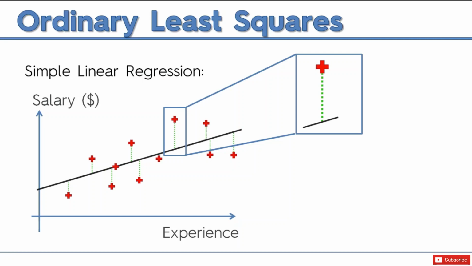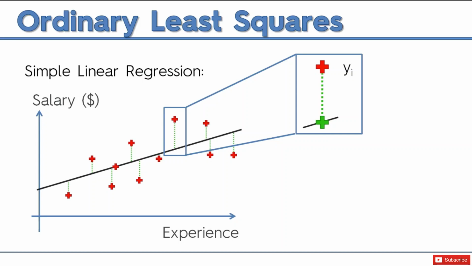Well, the model line, the black line at the bottom, actually tells us where that person should be sitting according to the model in terms of salary. And according to the model, it should be a bit lower. It should be somewhere where that green cross is, which is maybe, let's say, $80,000.